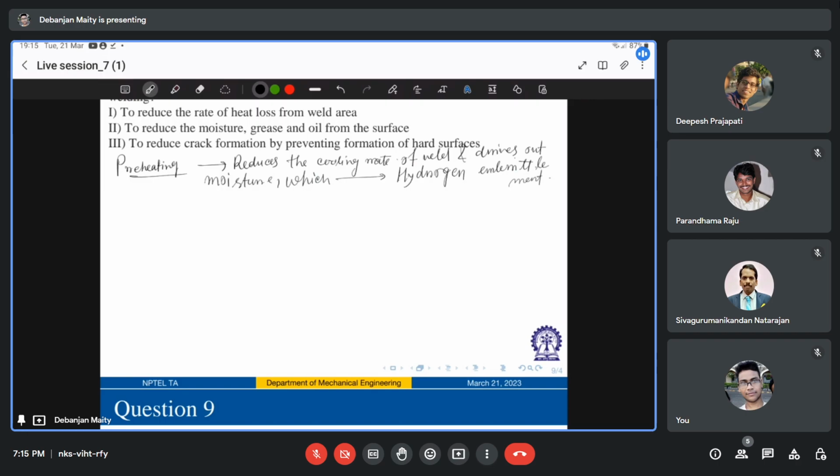You can use ovens also. Each one has benefits and drawbacks depending on the application, right? The best preheating method for a specific application often depends on different parameters: material thickness, size of the weld pool, time of diffusion, and finally the cost.